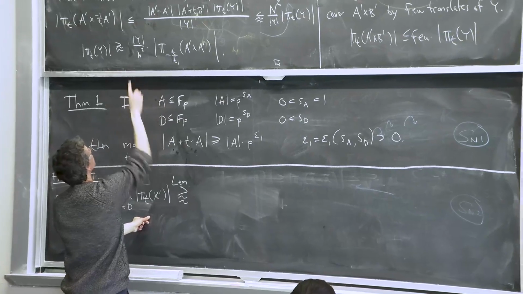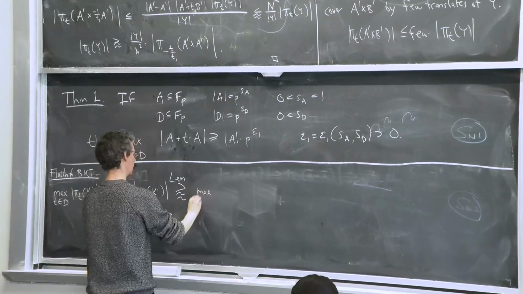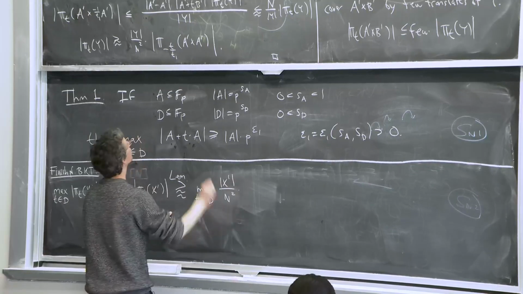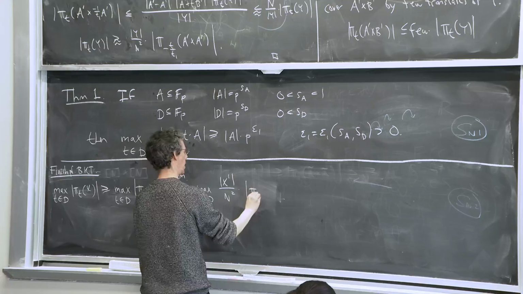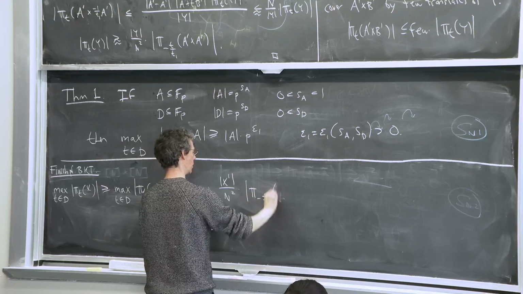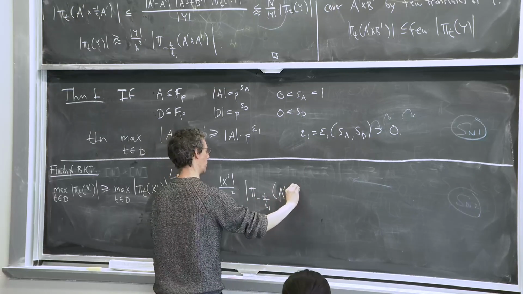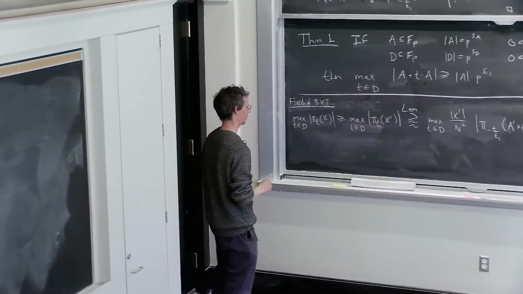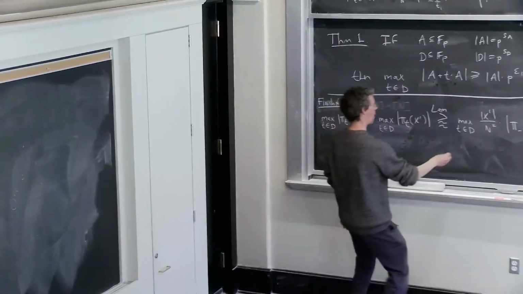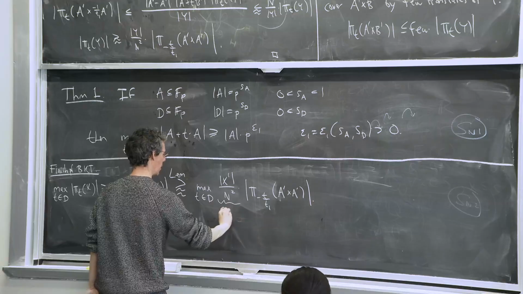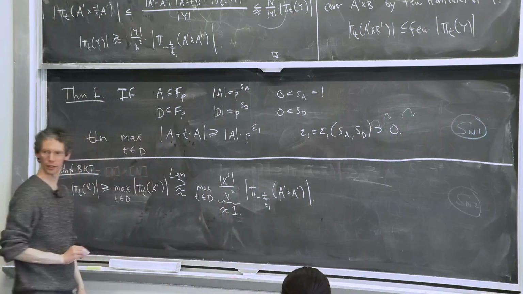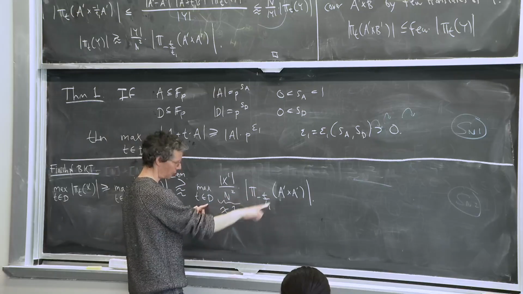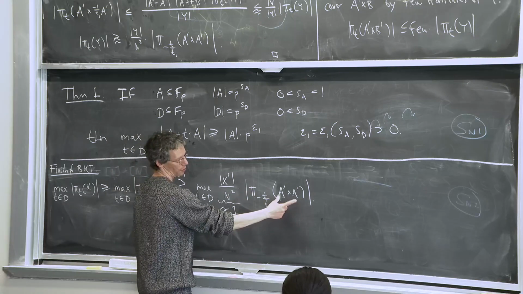that this is at least as big as the maximum over t in our direction set, |X'| over n squared, times |π_{(-t)/t1}(A' cross A')|. Now X' we already determined has size about n squared, so this factor disappears. Now we are looking at projections in many different directions of A' cross A'.